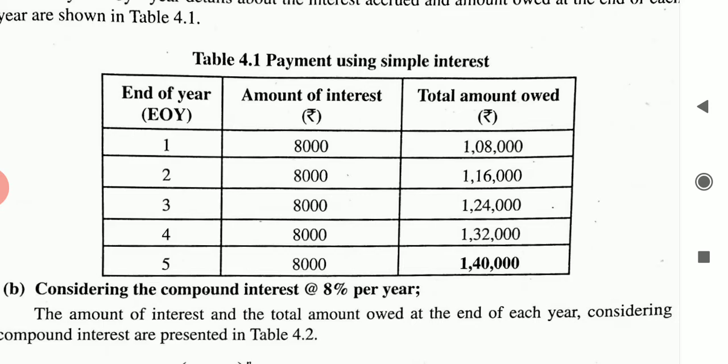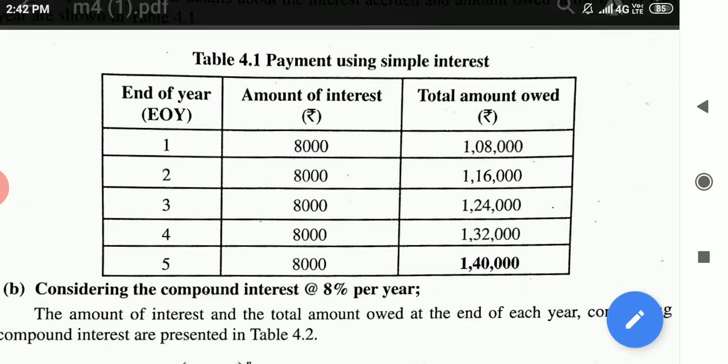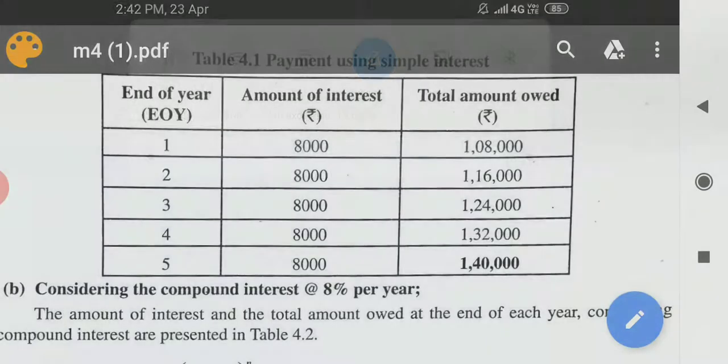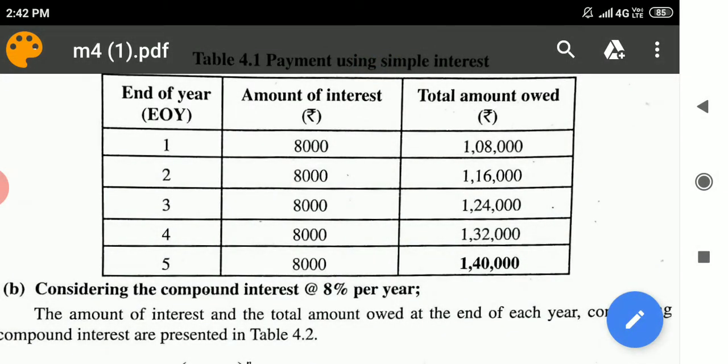Okay, see here. The amount of interest is 8,000 rupees in the first year. Second year is also 8,000. Third year also the same. Fourth year, for each year we get 8,000 rupees interest.